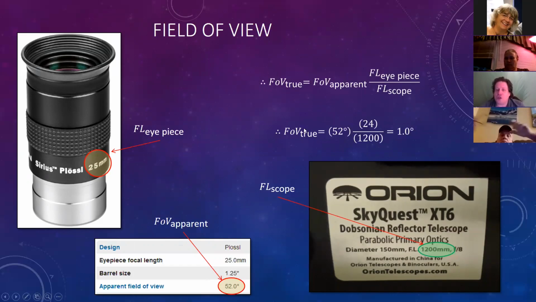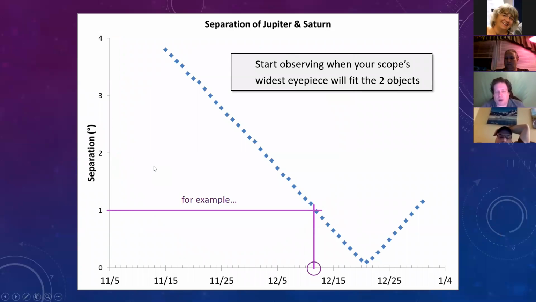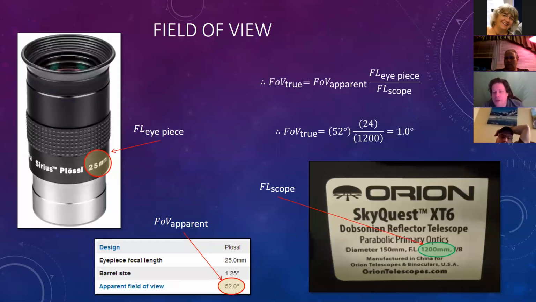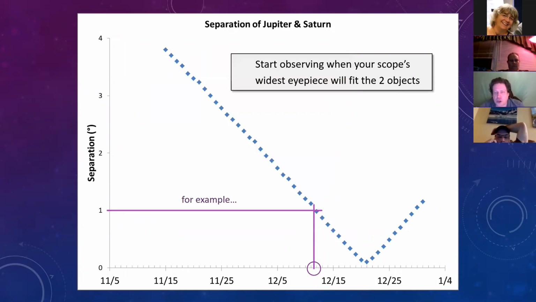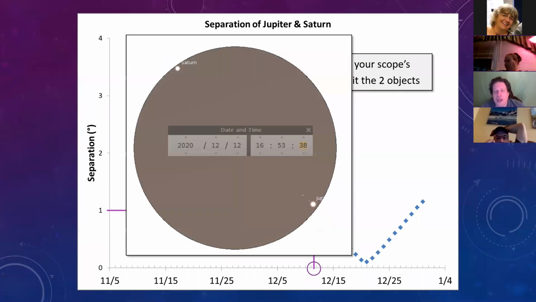So in this case, the true field of view of this eyepiece with this telescope would be 1 degree, which is exactly what I used for this example up here. So with this telescope and this eyepiece, Saturn and Jupiter would be visible together starting on December 12th, and then get closer and closer as the days progress.